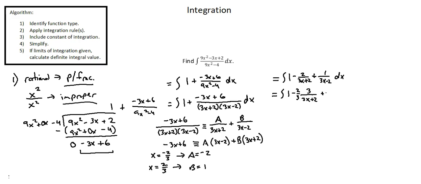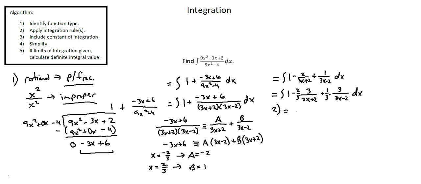With the third term, 1 over 3x minus 2, looking at the denominator, 3x minus 2 has a derivative also of 3. To get to 3 over 3x minus 2, we'll multiply by 1 over 3, all with respect to x. Now, after quite a bit of algebra, we're ready for step 2, apply integration rule.